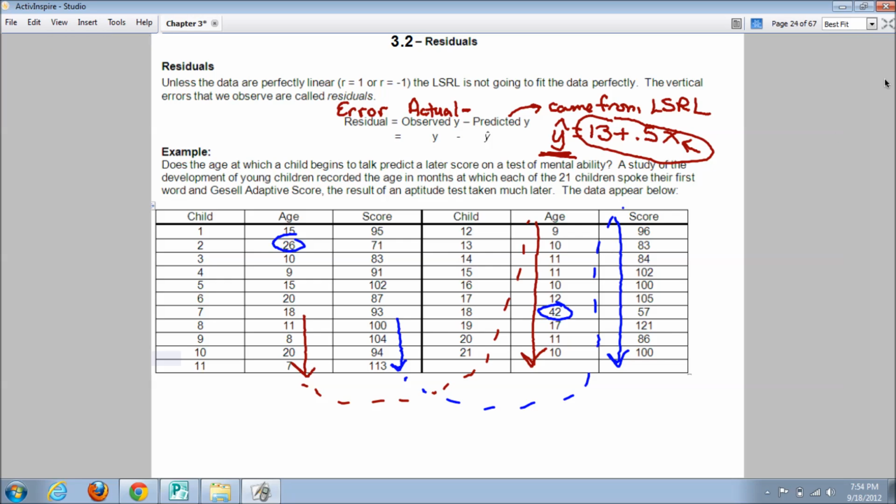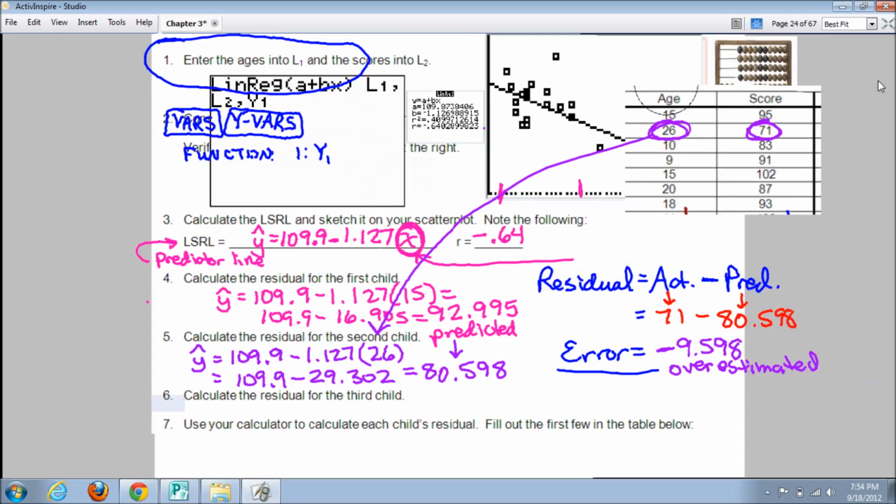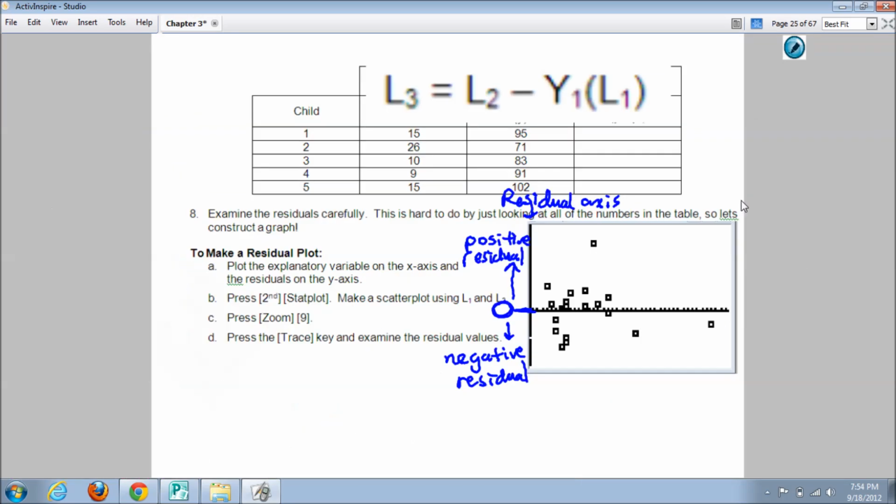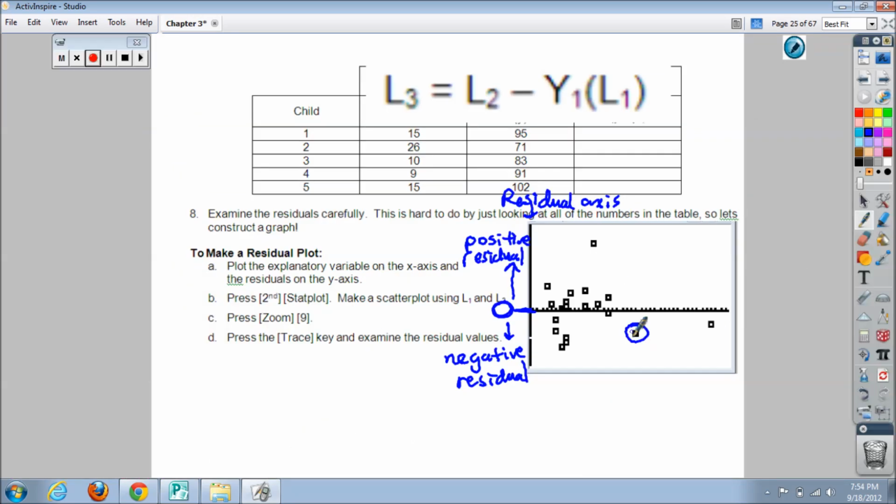So now if I go back and look at my residual plot, that's this kid right here. Because there's the 42-month-old kid, and you can tell he's going to have a negative residual because he's below 0. So here's that 26-month-old kid, and this distance you would have to go down to be able to get to this point.